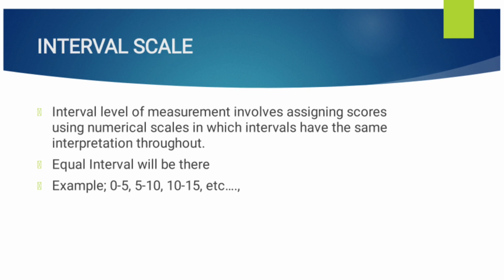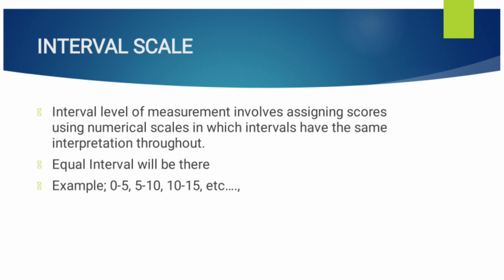That kind of scale is called the ordinal scale. And the next one is the interval scale. The interval level of measurement involves assigning scores using numerical scales in which intervals have the same interpretation throughout. That means there will be equal intervals. Suppose we are considering scores of students in an exam, and we take equal intervals: 0 to 5, 5 to 10, 10 to 15, 15 to 20, 20 to 25.